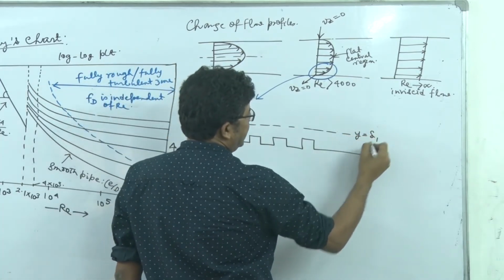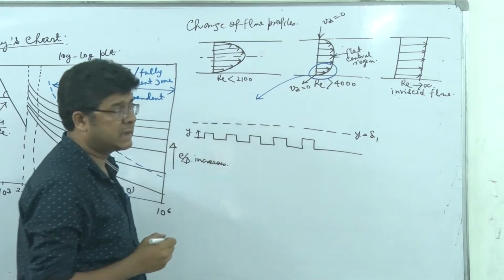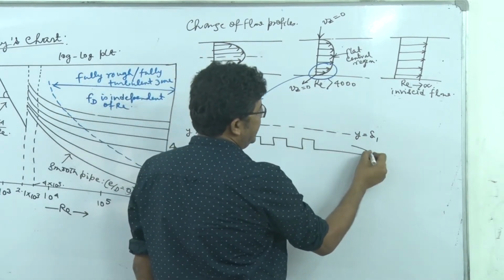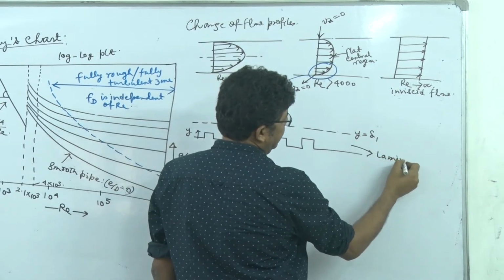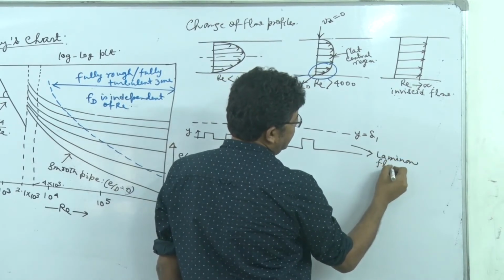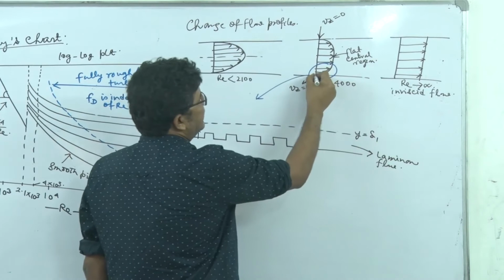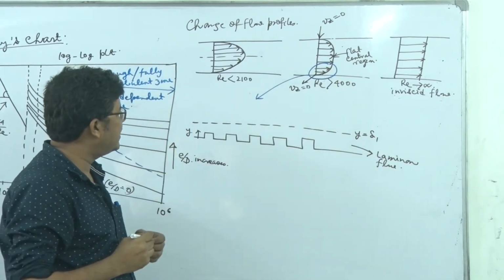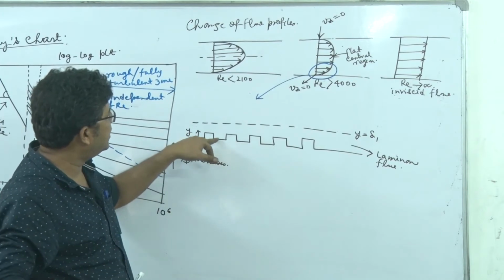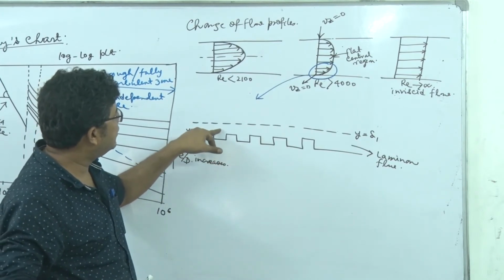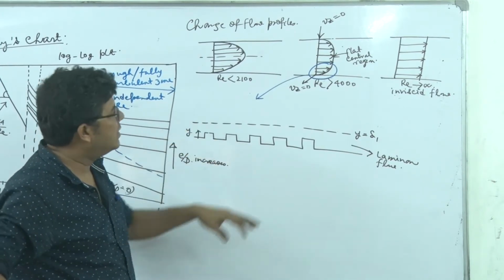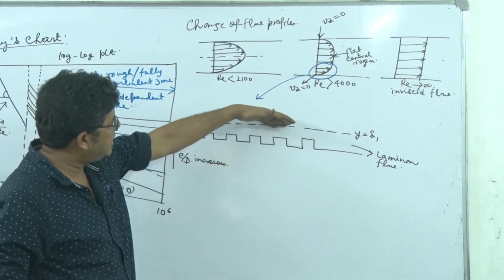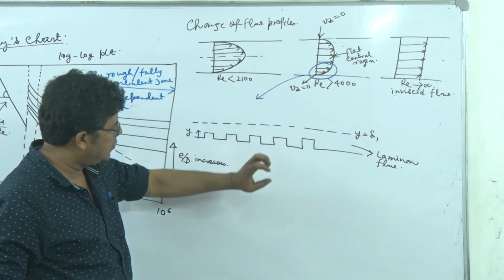At some y equal to delta 1, inside this layer we have laminar flow. Why? Because here the velocity is 0 and slowly and progressively increases as we move up from the wall, so it maintains laminar flow within this layer.